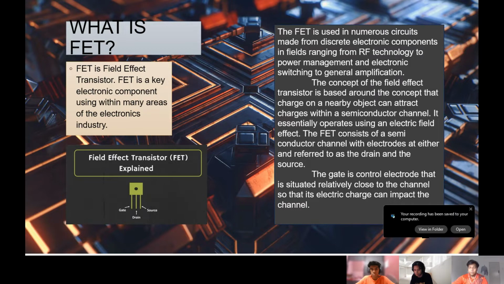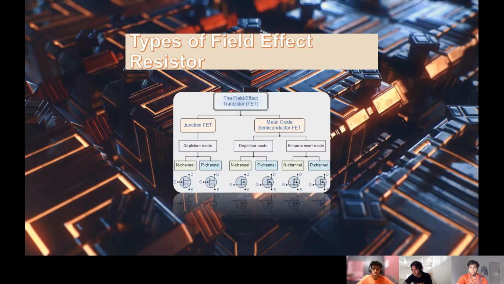The gate is situated relatively close to the channel so that electric charge can impact the channel. So this is the types of field effect transistor.